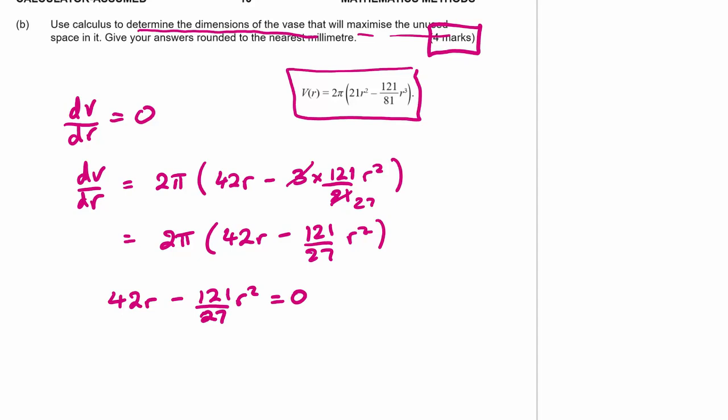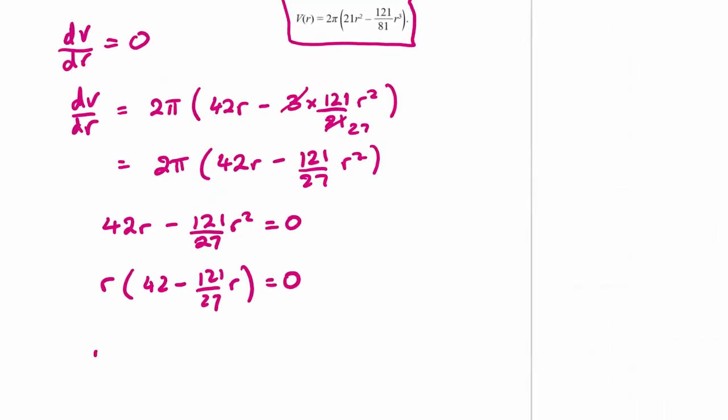And so we can take out an r here and have 42 take away 121 over 27 r equals 0, which means r is 0, and that's clearly not going to be the one we want.